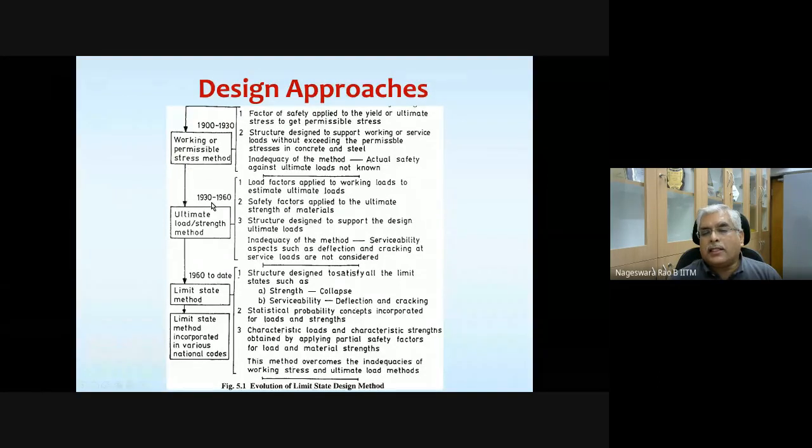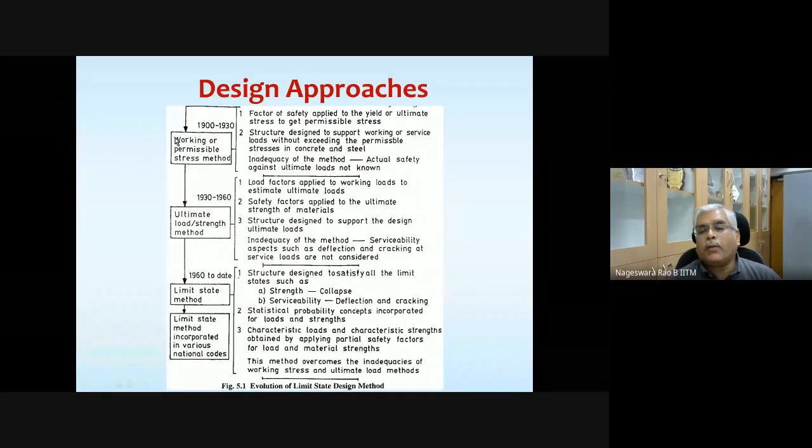Then from 1930 to 1960, another design approach was adopted, the ultimate load strength method. And in current times, we are using what is known as the limit state method, from 1960 to date.